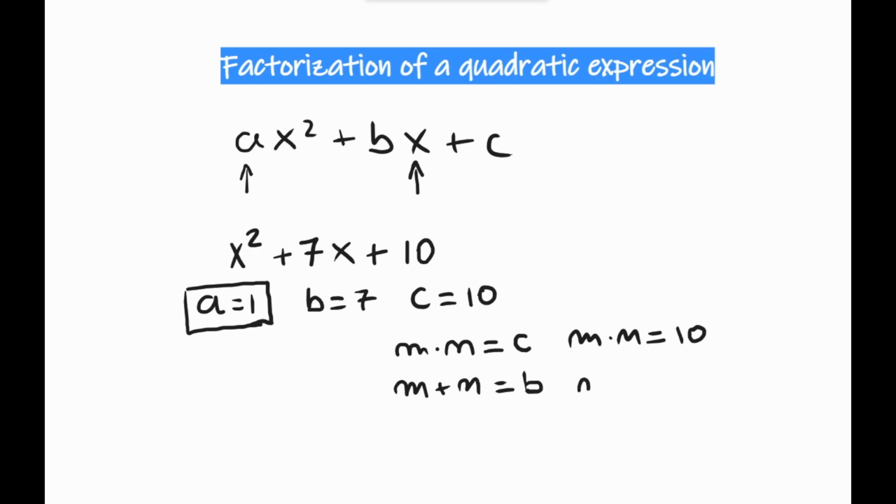In this case, m plus n is 7. And we can observe that 2 times 5 is 10, and 2 plus 5 is 7. Therefore, the value of m will be 2 and the value of n is 5.